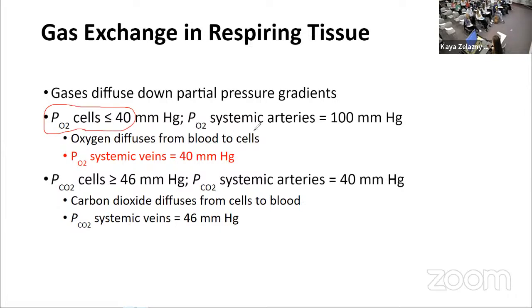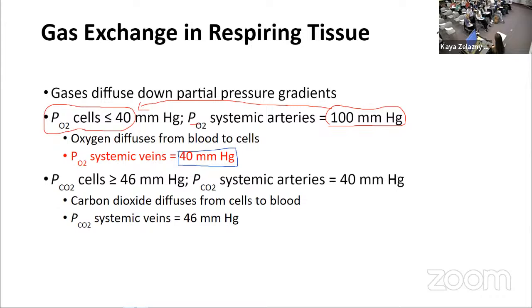The blood coming into them in the arteries has that 100 millimeter of mercury partial pressure, okay? So the oxygen moves from the blood to the cells down that partial pressure gradient and comes to match, giving us a partial pressure of oxygen in the veins of 40 millimeters of mercury, okay?